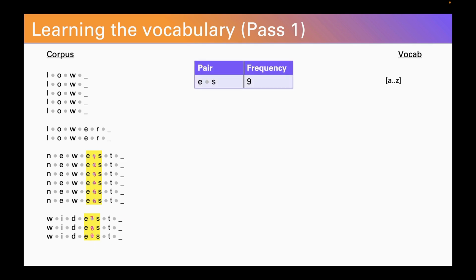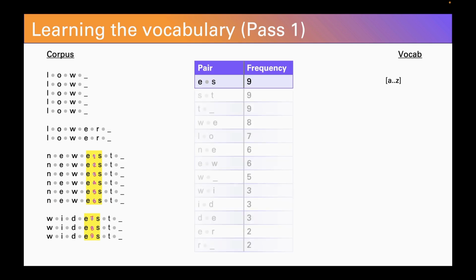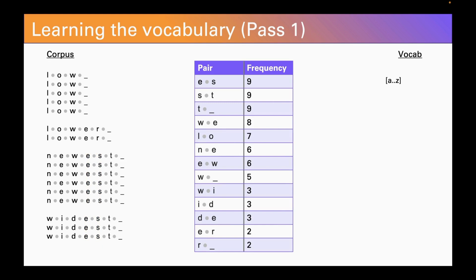So we then write down E paired with S with a frequency of 9. And then we do this for all the adjacent pairs of characters inside our corpus. And then we look at the one that has the most frequent occurrence. In this case, it's E and S, although we could pick S and T or T and the end of word character. They all have 9. And then we take that and we add that to our vocabulary.